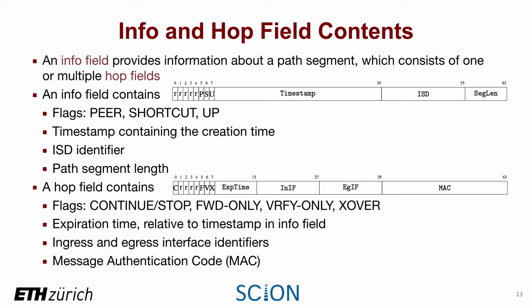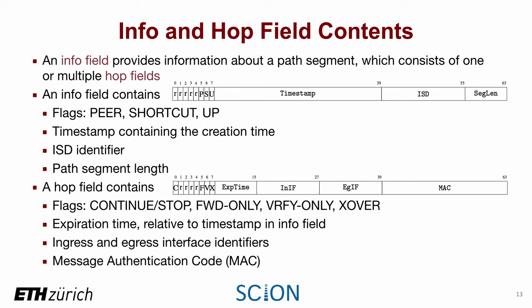Forward-only enables an AS to denote a hop field that cannot be used for local delivery to clients or hosts within the local AS, only for forwarding. Verify-only and crossover fields are then being used for the actual MAC field verification and also identification of peering links.